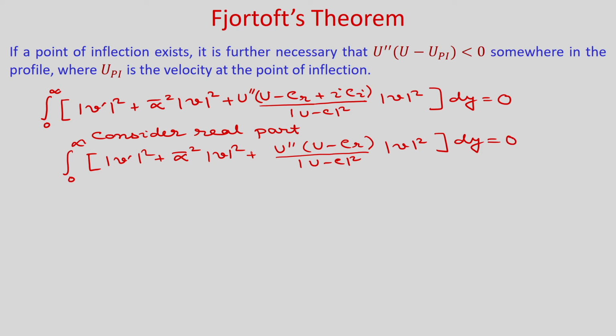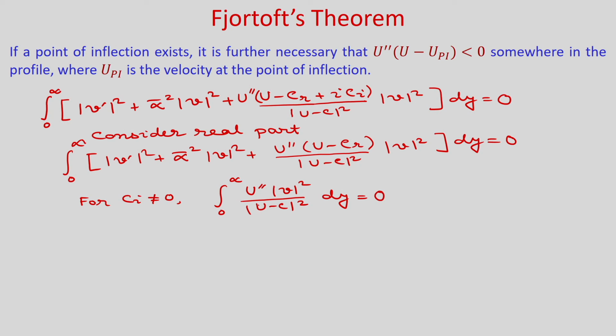So, we are considering this real part of this equation, and you have seen that from Rayleigh's inflection point theorem, we have already put this imaginary part as 0 and C I not equal to 0. For that, we have written integral 0 to infinity u double prime mod v square over mod u minus c square dy is equal to 0. Okay. So, this we have already written.